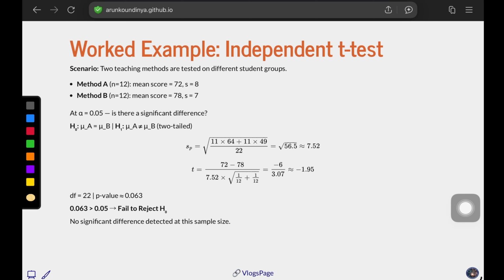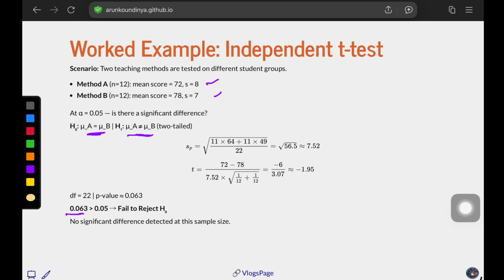So let's see a simple example here. You have a method A and a method B, like two teaching methods, and we want to compare both of them. The claim is that both teaching methods are the same, or that they are not the same. You collected the sample scores and the standard deviation of the scores, and found that the p-value is 0.063.